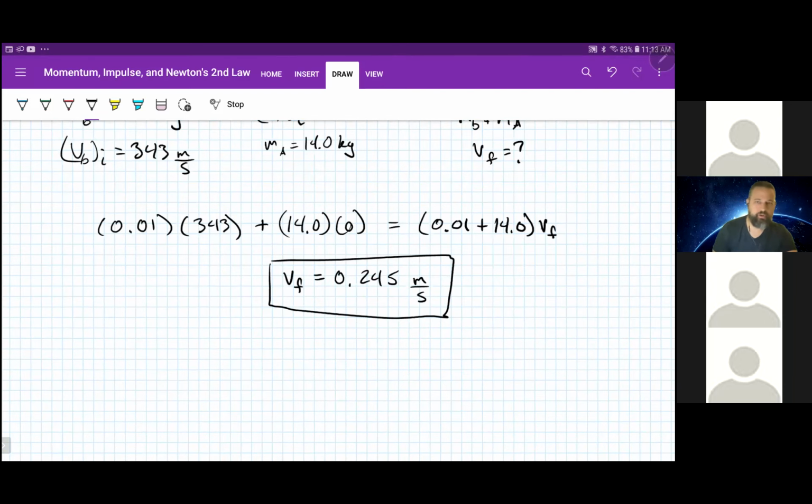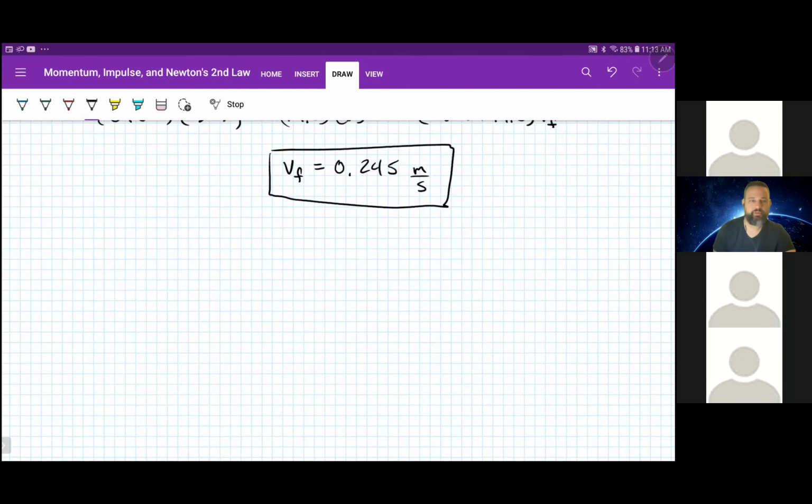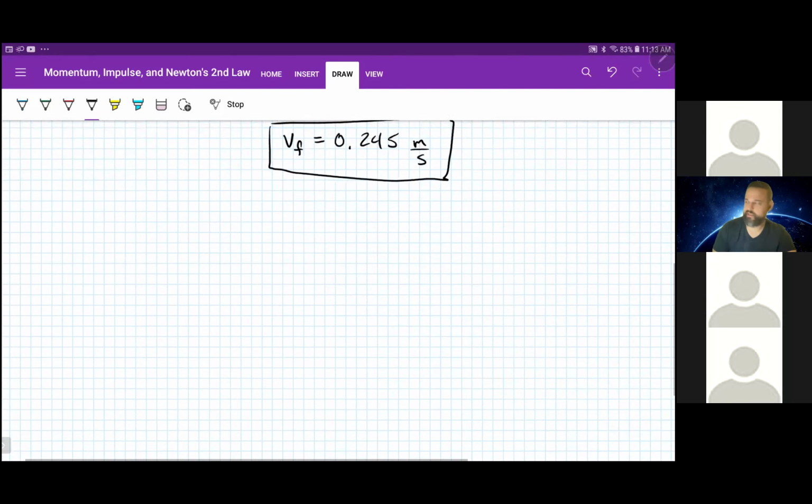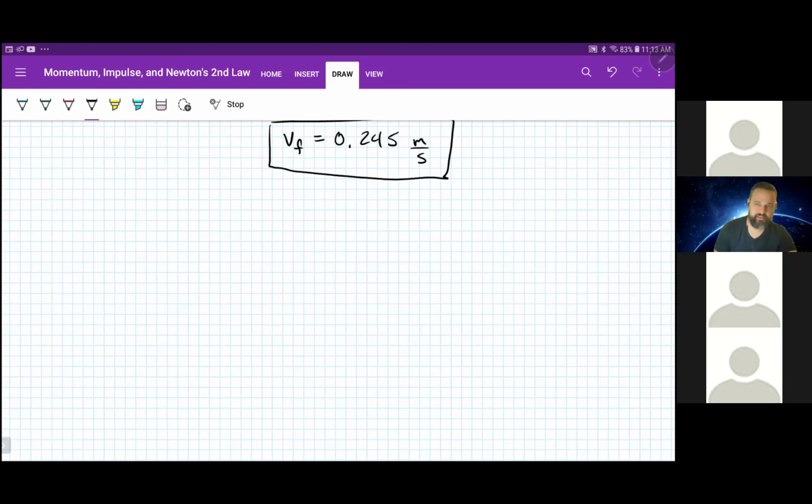Right, so let's do a variation, even though this wouldn't be a perfectly inelastic example.